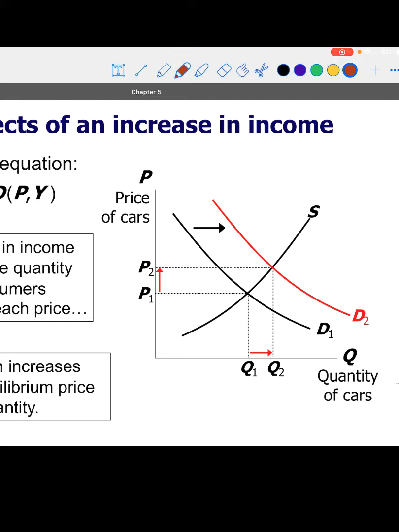And we can see that here. Because if you increase income, that's going to shift out the demand curve, and now get us to a higher equilibrium.